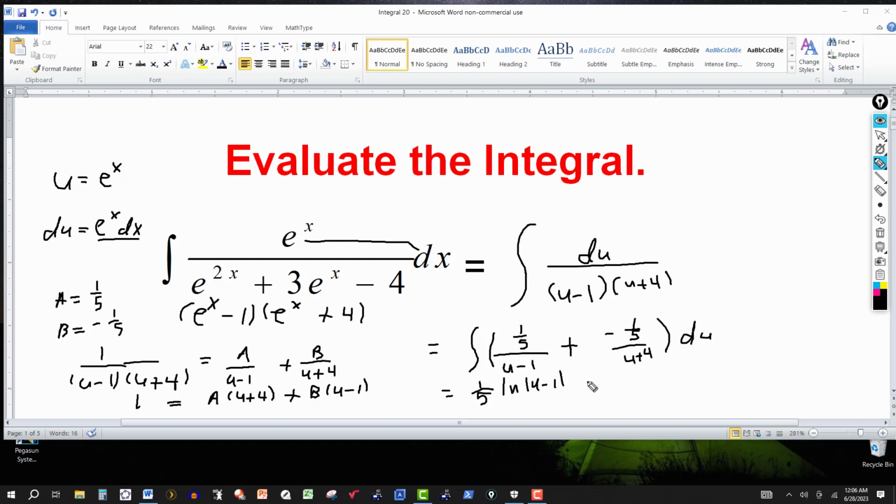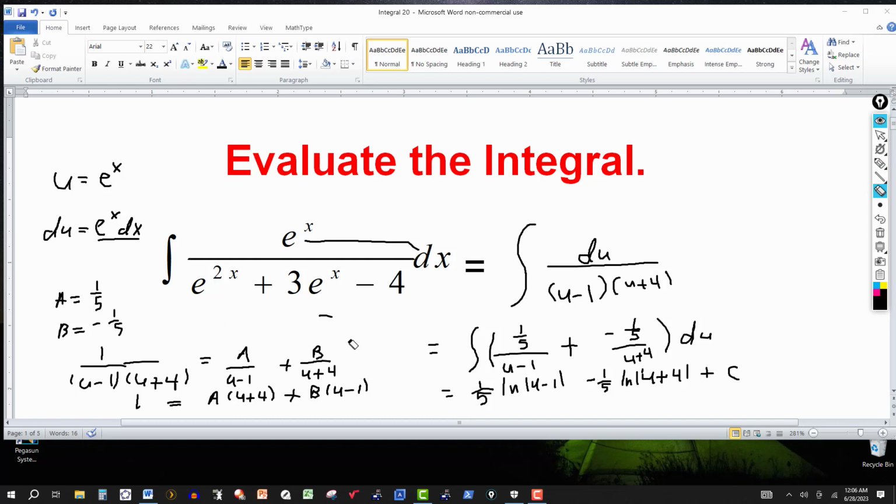And then I got the minus 1/5 for the next one. Again, same thing: the integral of 1 over u plus 4 is the natural log of the absolute value of u plus 4, plus the constant of integration.